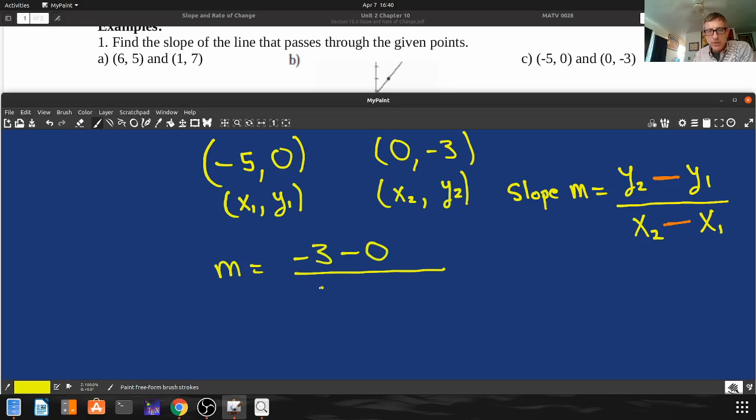And x2 is 0 minus, and here we go, x1 is minus 5. It has to bring its own negative to the game. So minus 3 minus 0 is still minus 3. 0 minus a minus 5 is a plus 5. So the slope here is minus 3/5.